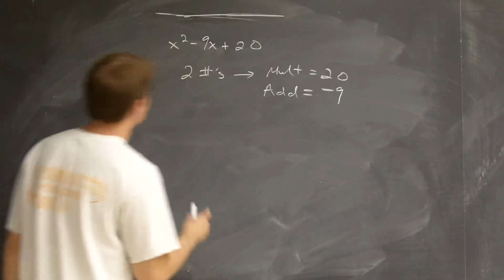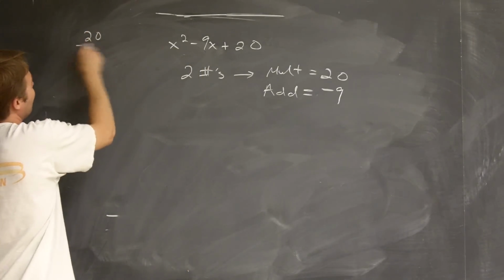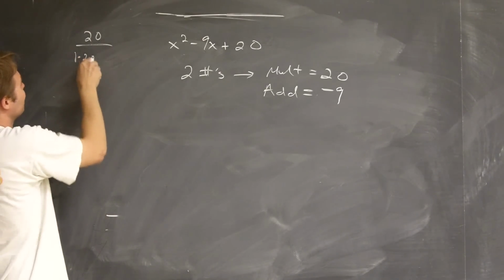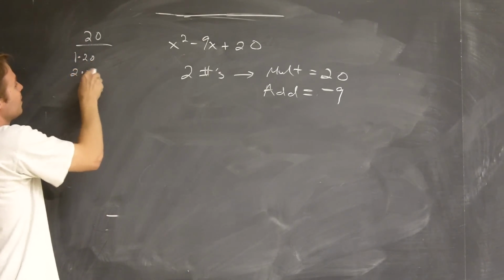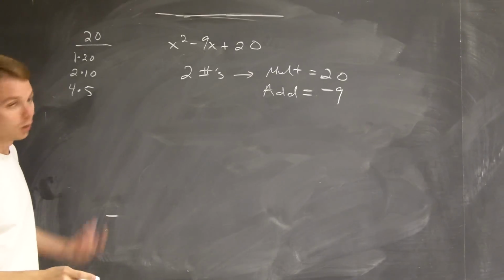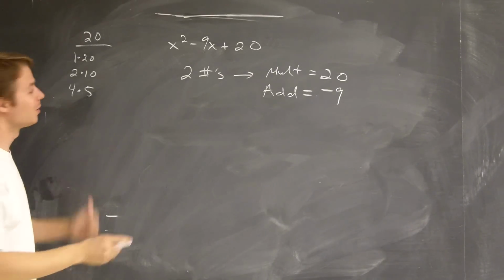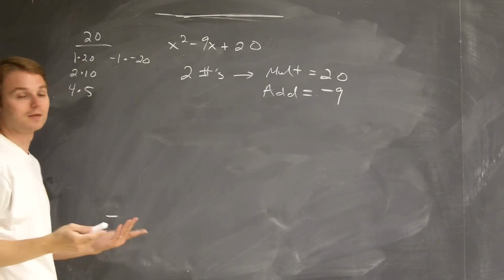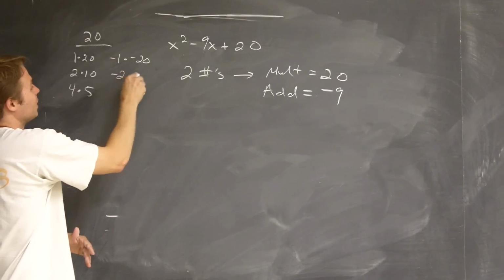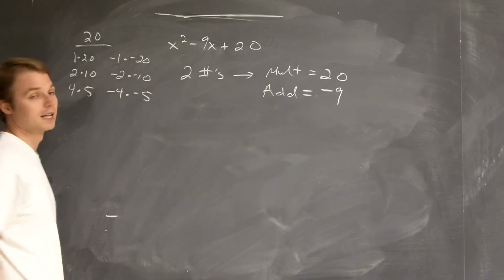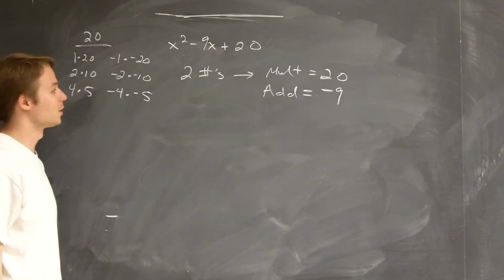You can always just take that number, 20, and then just write out all the factors of 20. So 20 can be 1 times 20, it can be 2 times 10, 4 times 5, right? Or it can be the negative versions of all of those. So it could be negative 1 times negative 20, because that's still positive 20. Negative 2 times negative 10, and then negative 4 times negative 5. So make sure you remember to put the negatives in there as well.